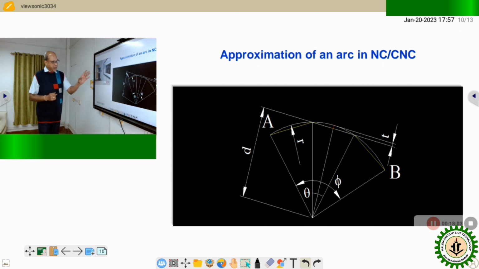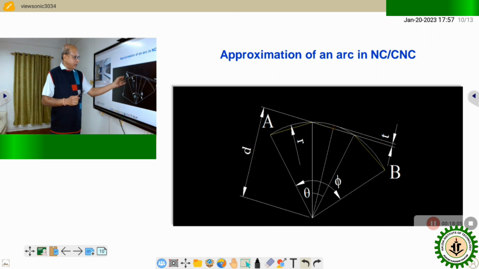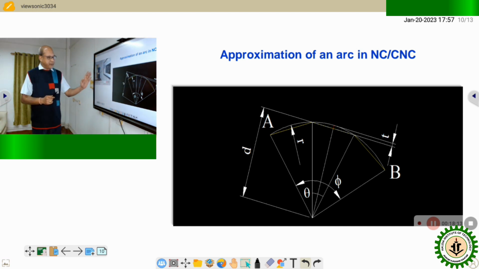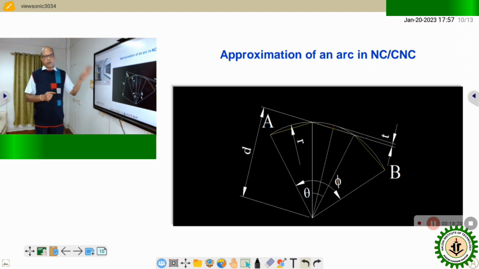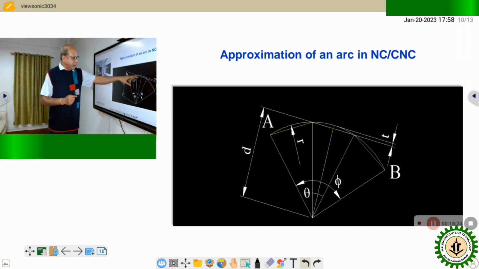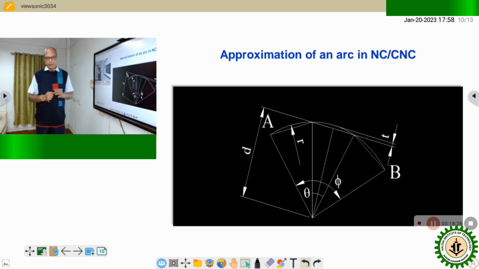It is quite obvious that in this particular drawing I have divided this circular arc segment AB into 3 identical straight line chords. Instead of 3, had it been increased to 8 or 10 or any larger number, then this tolerance or error would have been much lower.